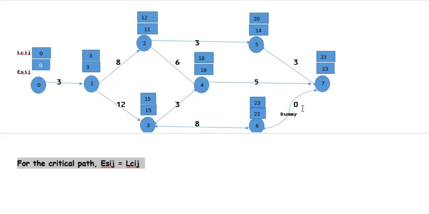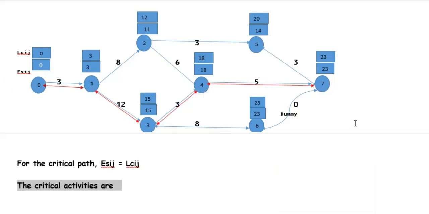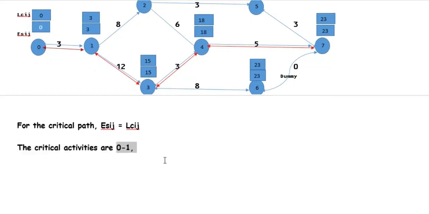So here we have to take 0, 1, 3, 4, 7. This is the critical path. So the critical path is 0 to 1, 1 to 3, 3 to 4 and 4 to 7. The critical activities are 0 to 1, 1 to 3, 3 to 4 and 4 to 7.